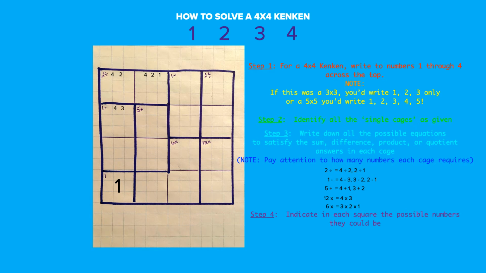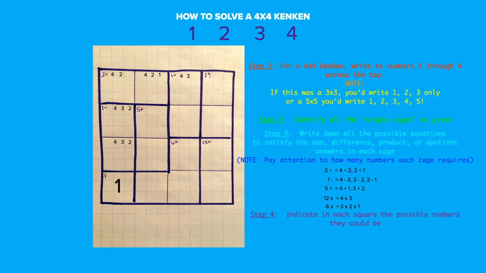But like I said, there can't be a number 1, so I won't put it there as an option. As it's a vertical cage, the bottom square can have a 4, 3, or a 2. Now I'm going to go to the third column because it's also a difference of 1 and it's a vertical cage. I'm just going to continue on there.